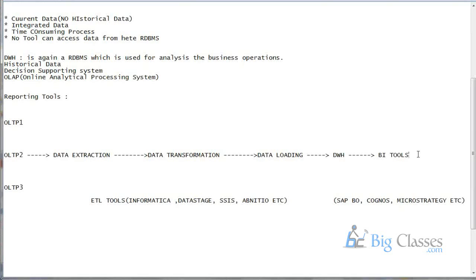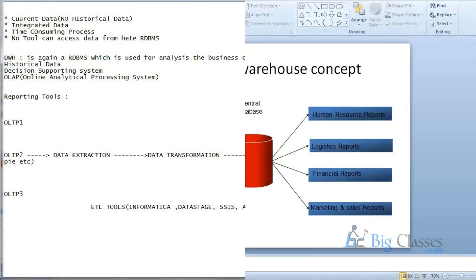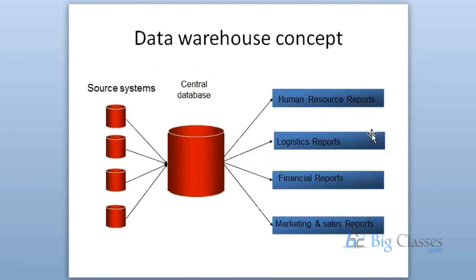They are going to present the data in the form of charts, bars, pie diagrams, etc. If you are the HR manager, you would like to know the report, which is called the HR report.